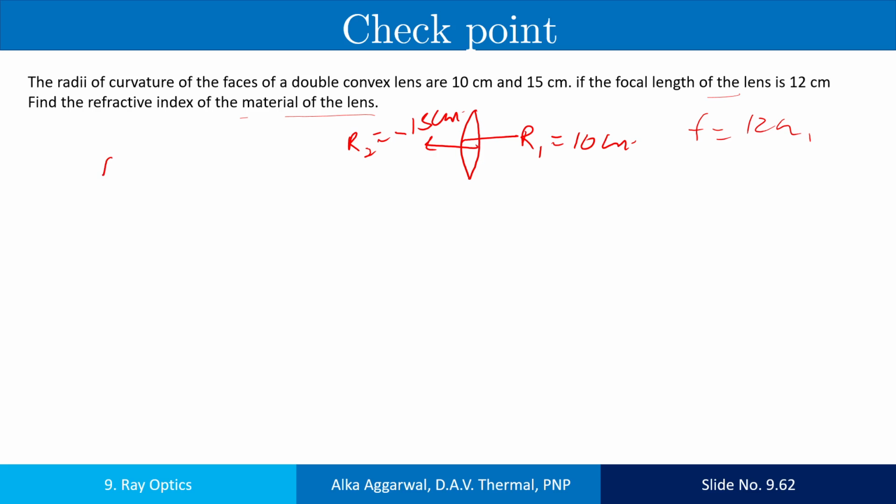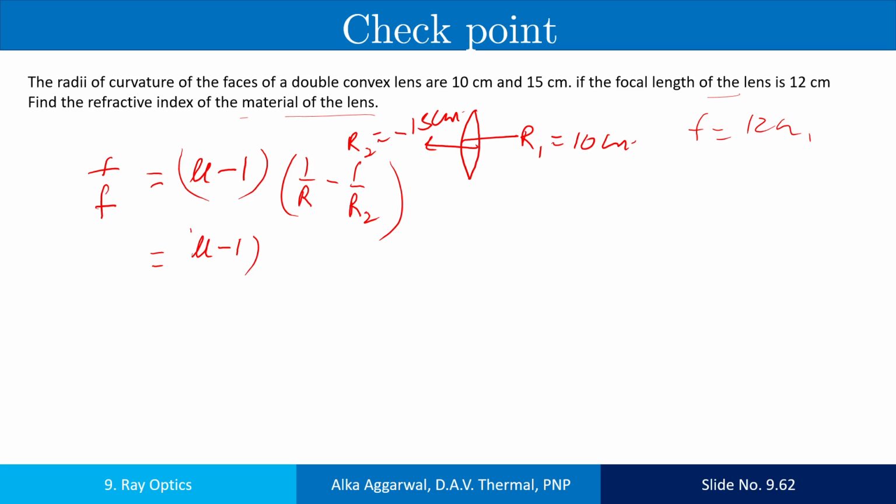Now use the formula 1 upon F is equal to mu2 upon mu1 minus 1 into 1 upon R1 minus 1 upon R2. Mu2 upon mu1, as mu1 is air, so we use mu here. Here we have to find the refractive index of the material of the lens. 1 upon 10 minus 1 upon minus 15.